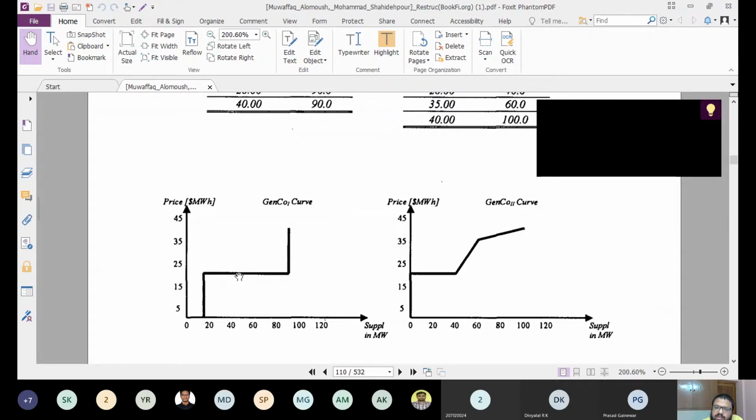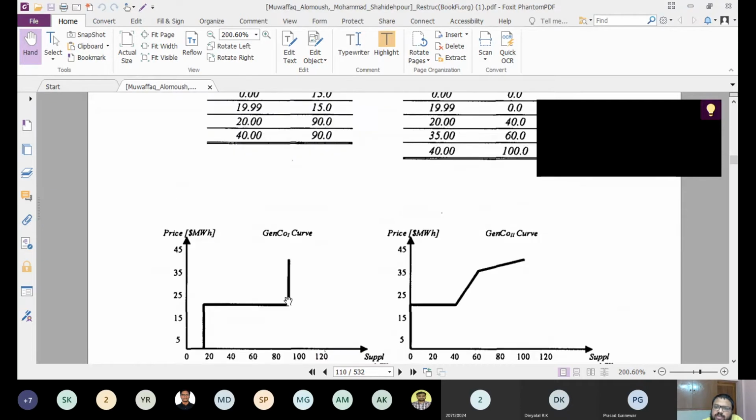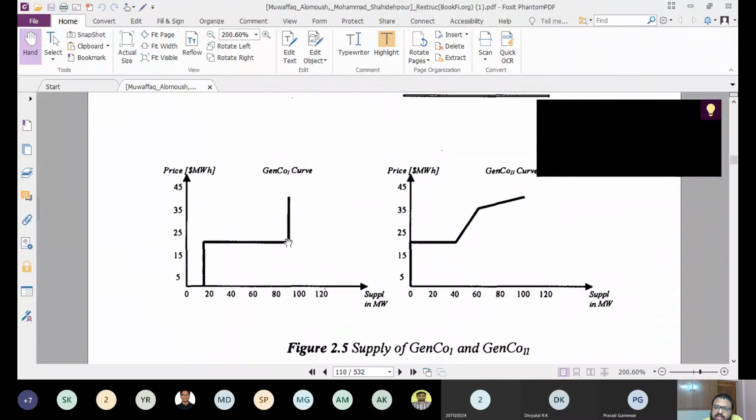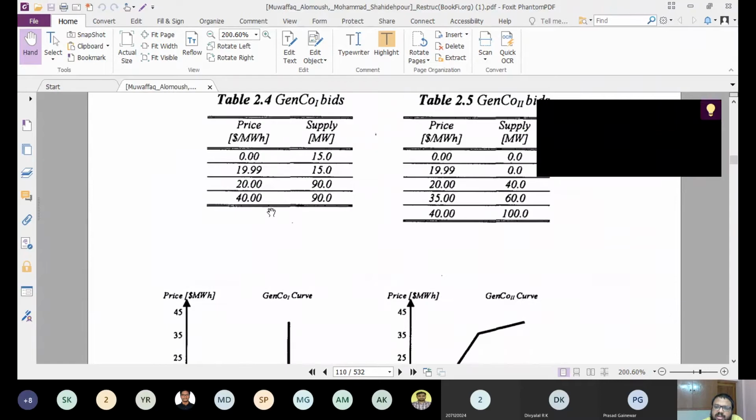There is a small difference. This is not 90 degrees, it is just above 90 degrees, a bit slanting. Then when it reaches 20, the supply is 90. Then after that it remains constant until 40.